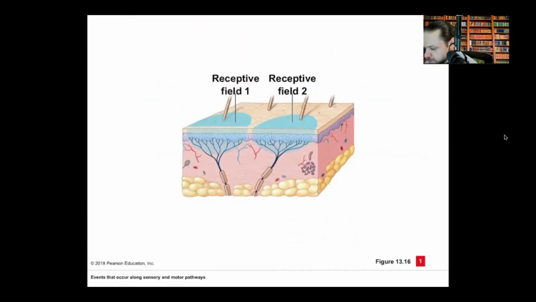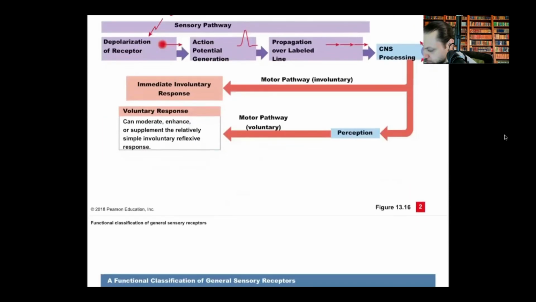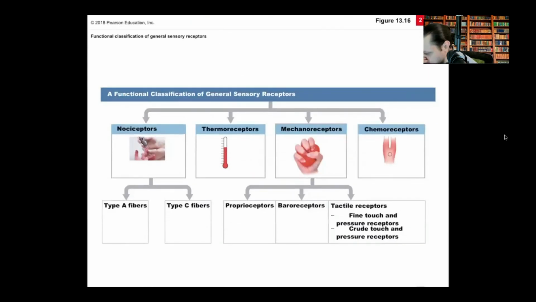And we talked about this already, the receptive fields 1 and 2, where the actual stimulus comes in. These are the nerve fibers, the mechanoreceptors that pick it up and send impulses to the sensory pathway where that information is integrated and processed, and then goes to the motor pathway to perform its function. The mechanoreceptors we talked about are here.